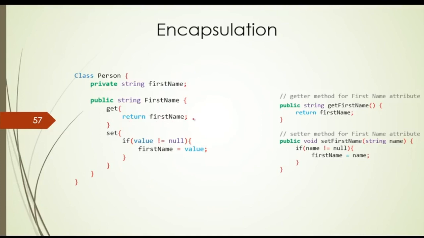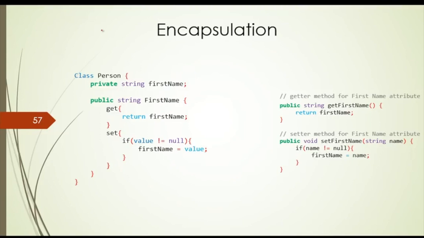But the recommendation is do not do any heavyweight calculation in the getter method, because we really want our code to be efficient. Doing many things in the get method will make your program slow. So the best way to change your first name or the field is in the set method. If you have any validation kind of thing, do it in the setter method, not in the getter, so that it reduces the time.